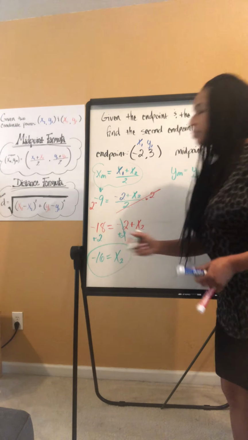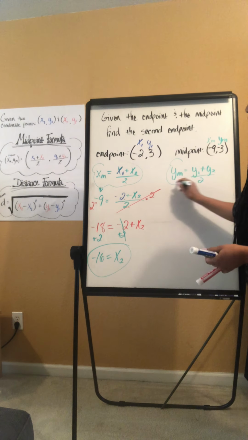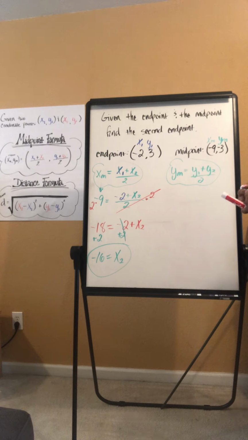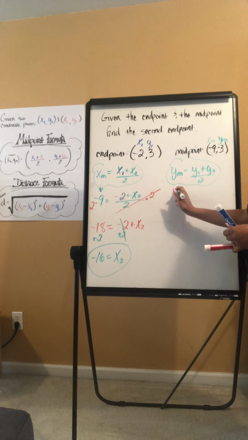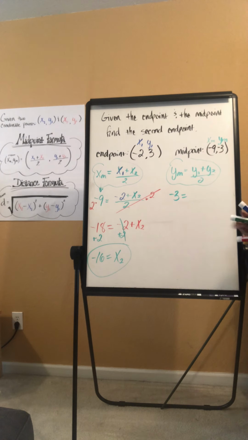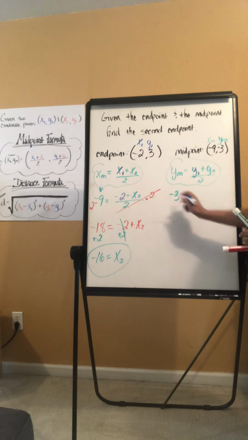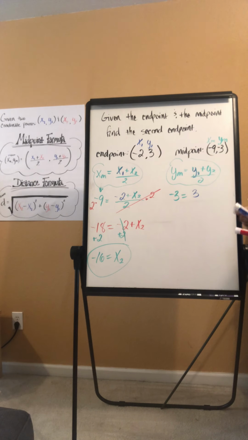Okay? I will do the same thing over here. I have my ym. I know that ym is negative 3. That was the y of my midpoint. y1 was given to me. That was the number 3. The rest of the formula, plus y2 divided by 2.